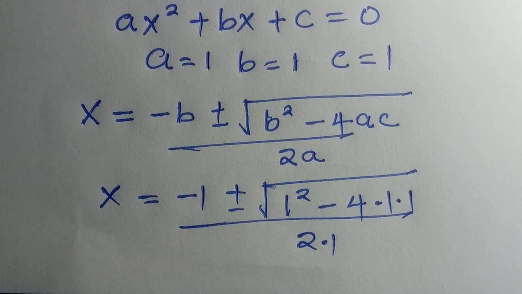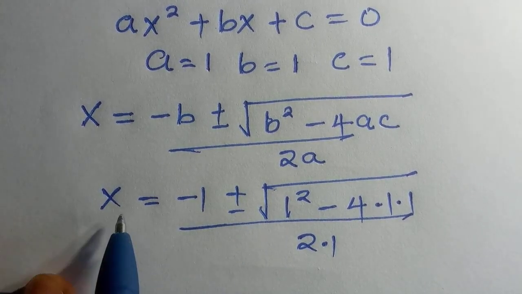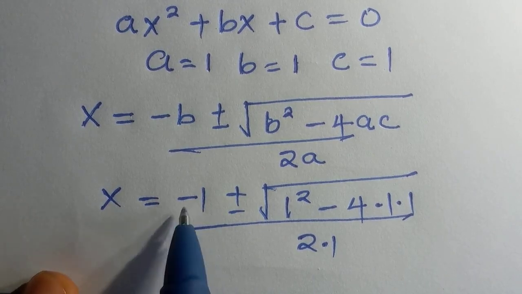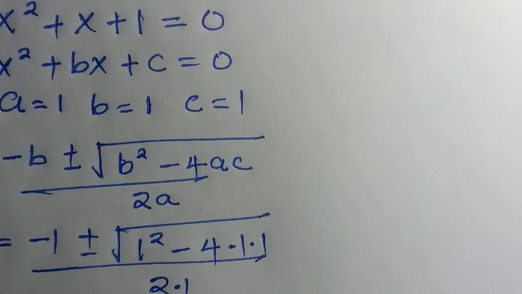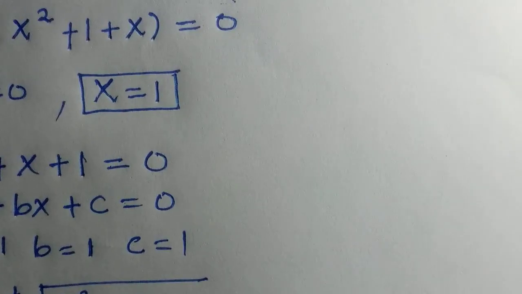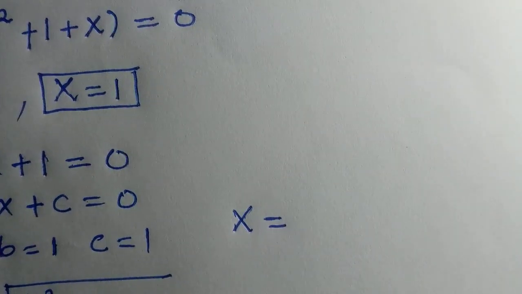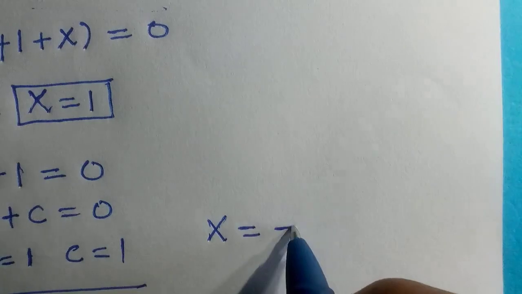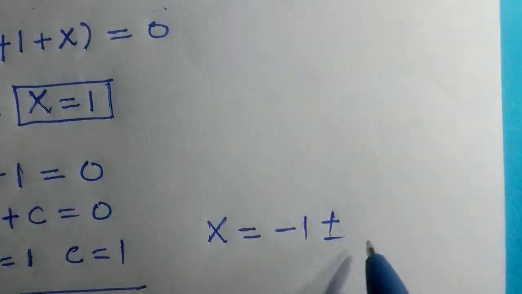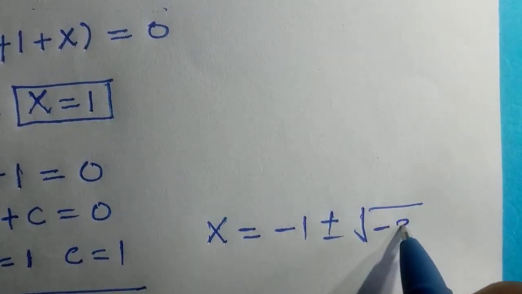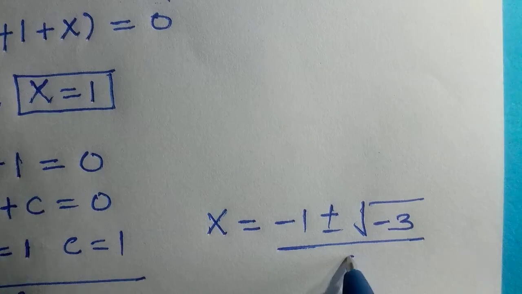After the complete evaluation, we have minus 1 plus or minus the square root of minus 3, divided by 2.